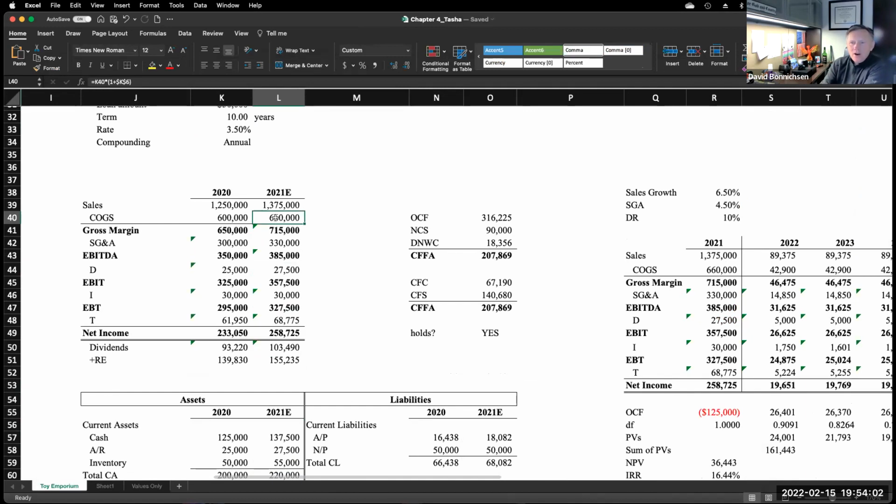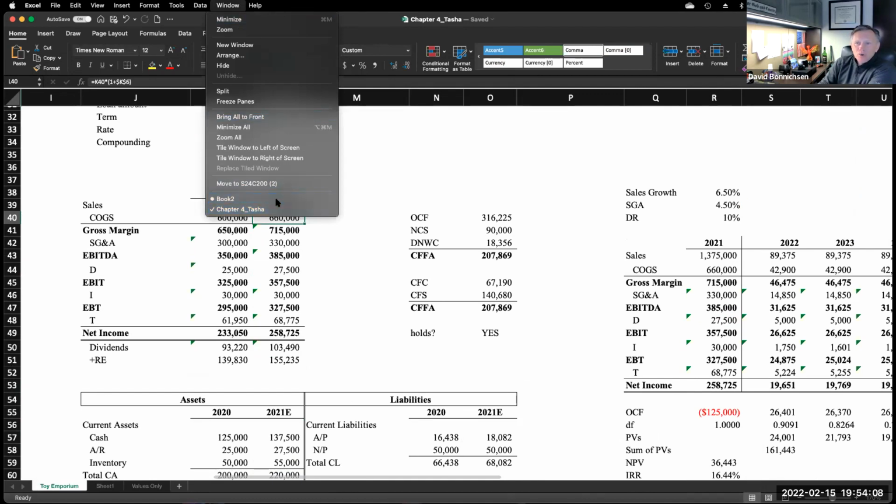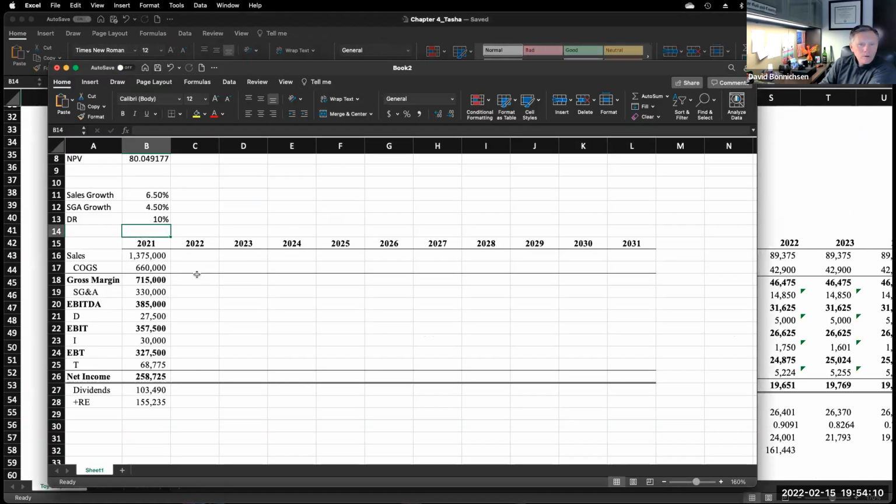But now what we care about is project value, the incremental value added that the project is going to deliver. So when we look at 2022 from a sales standpoint, it's going to deliver 6.5% additional sales over what we did last year. So now it's not 1 plus, it's just simply times the growth rate.